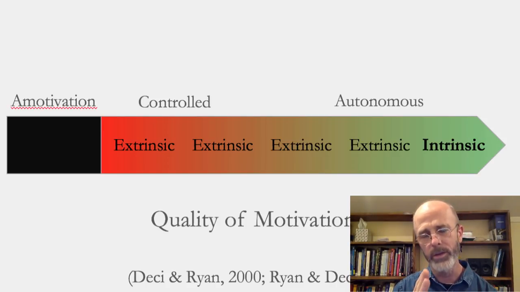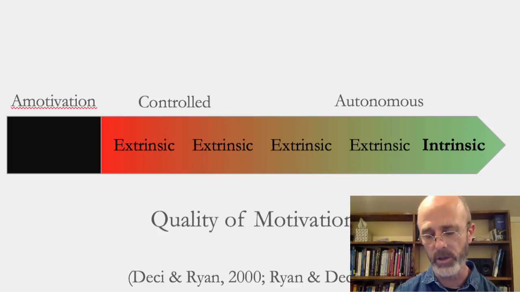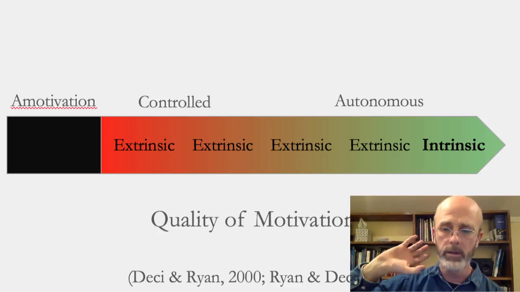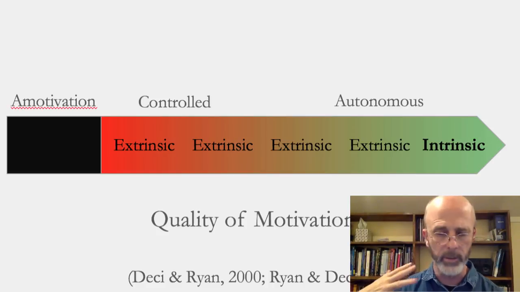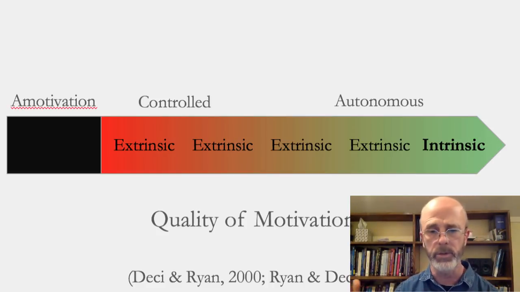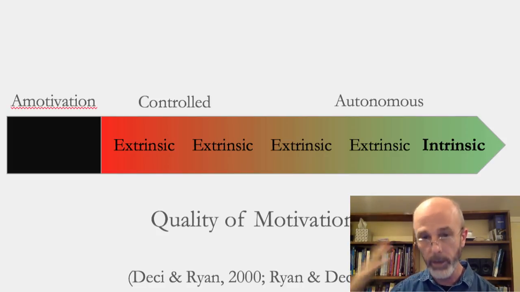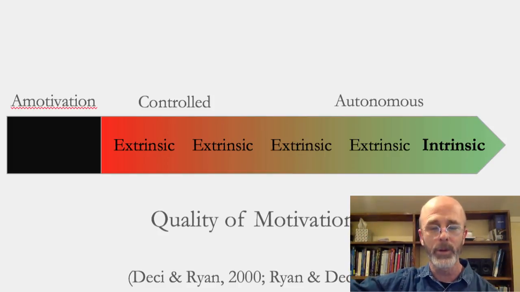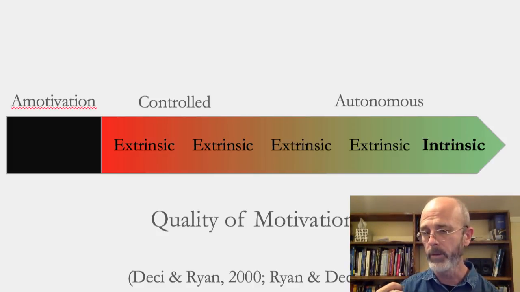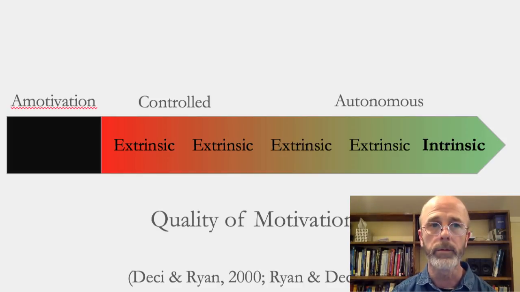Essentially, what this means is that with an autonomous form of extrinsic motivation, I'm participating in therapy not because I find that therapy is particularly fun, enjoyable, or even interesting, but I really want something. I really want to achieve my speech goal, and that is very important to me and does reflect something meaningful, right?